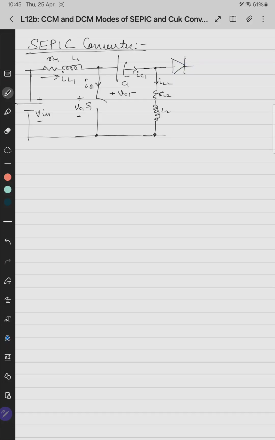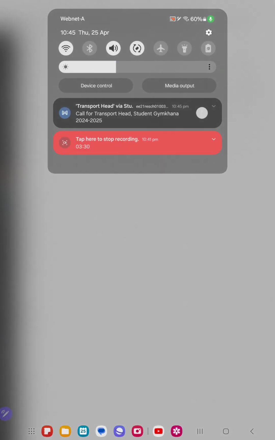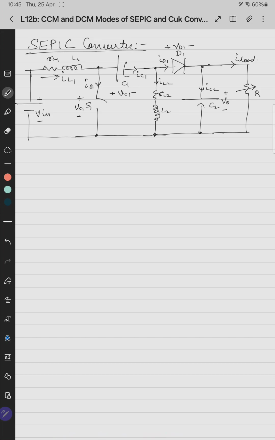Then we have a diode D1, with voltage VD1 and current ID1. After that we have the secondary capacitor, the load capacitor C2. This is IC2 and this is V0. And then we have a load, where this current is Iload. So this is the converter. This is a SEPIC converter.